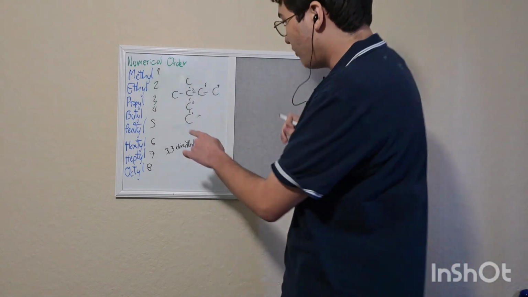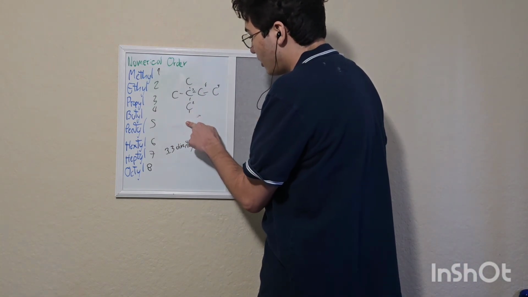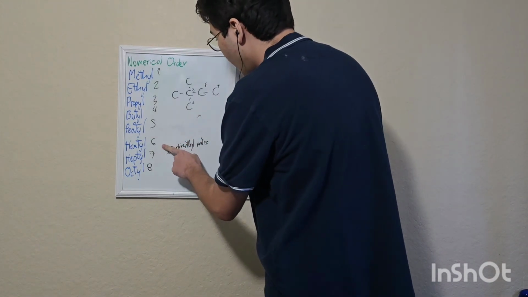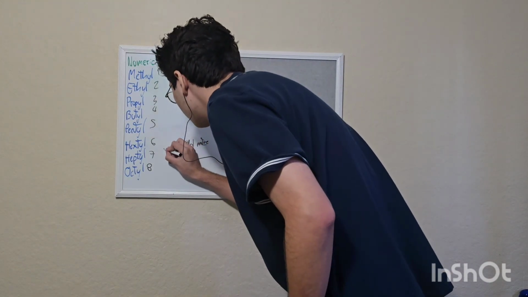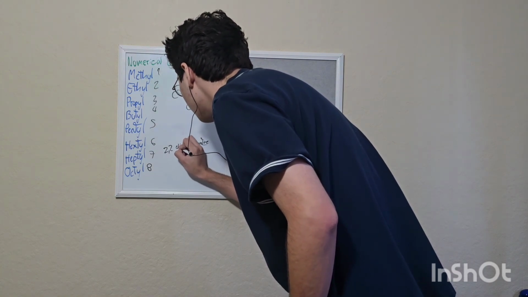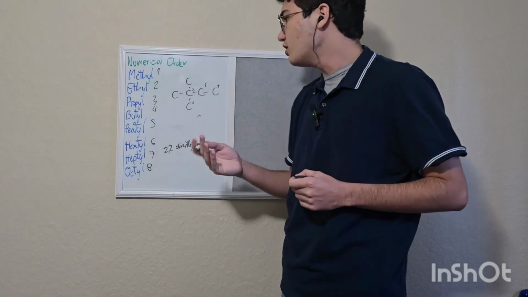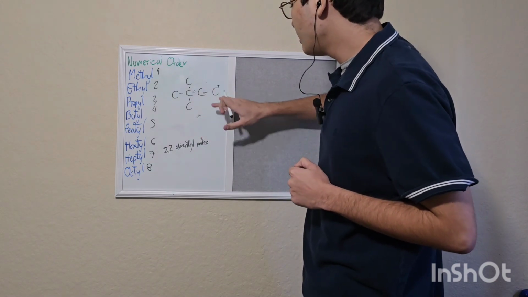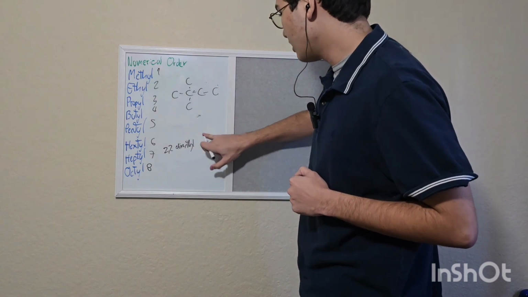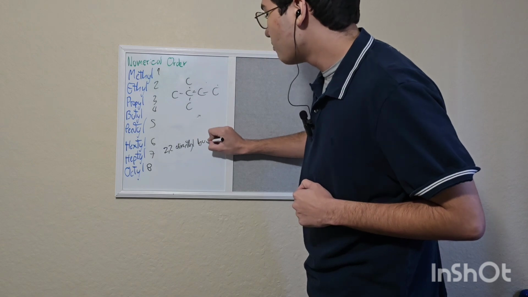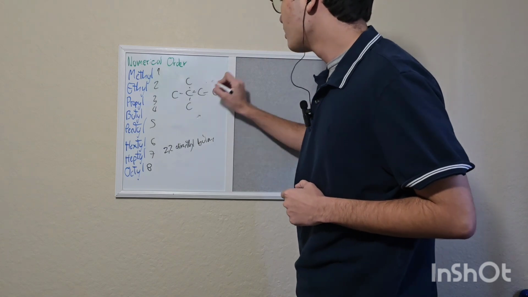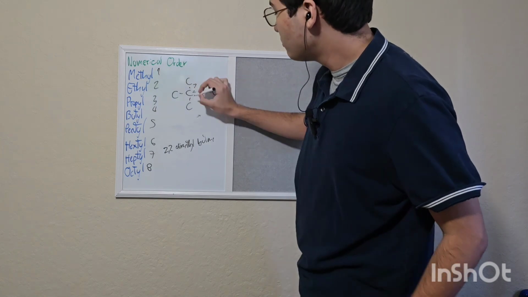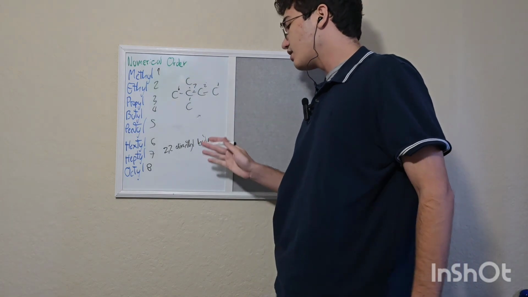Now let's say if instead this was what we had, then we will call it a 2,2-dimethyl. Now you may be wondering, but couldn't you also say that it's a 3,3-dimethylbutane?